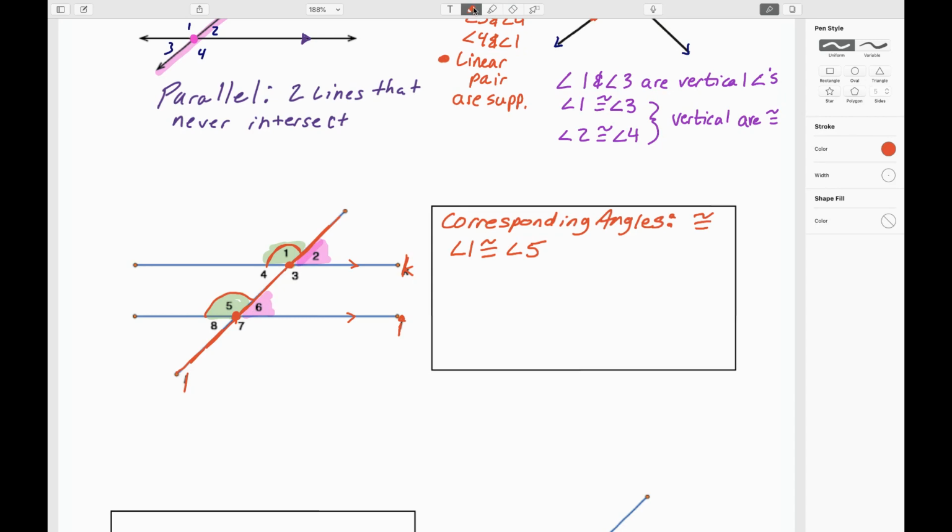Another way that the book and other sources will do this is instead of using colors, they will use different numbers of arcs. So the 1 arcs are equal to each other and the 2 arcs are equal to each other. So in this case, angle 2 is going to be congruent to angle 6.